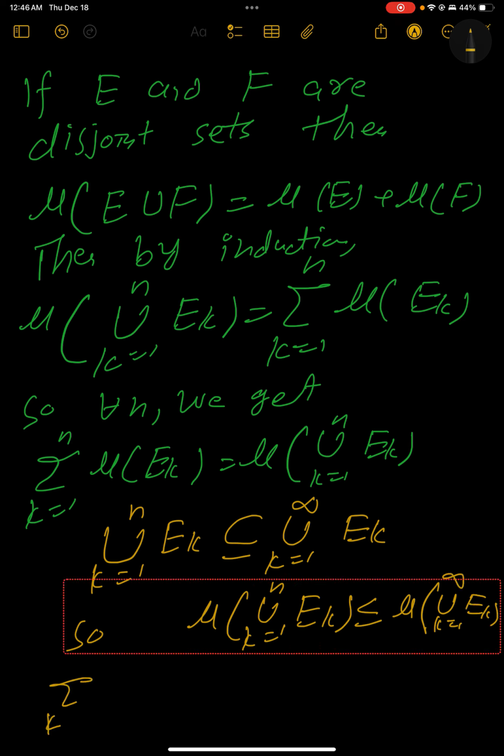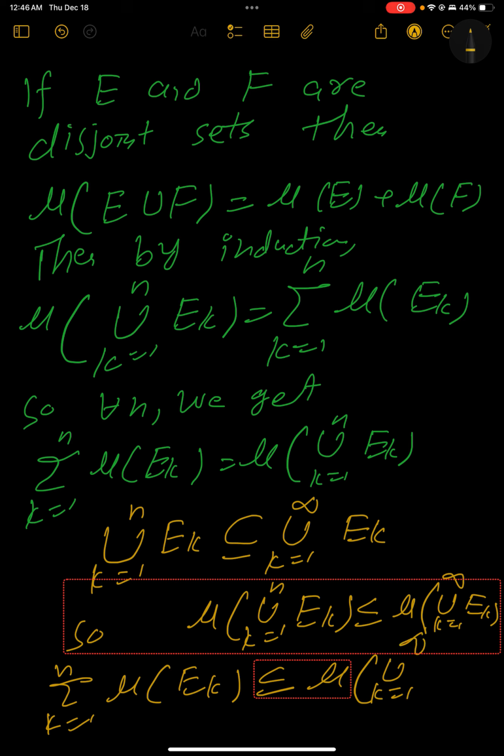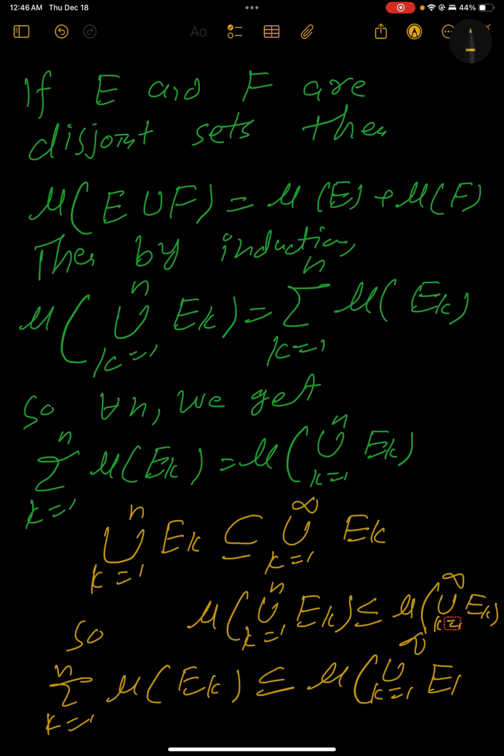Our equality becomes the sum of k equals 1 up to n of the measure of E_k is less than or equal to the measure of the union of E_k. This is an upper bound of the partial sum. So we can say that the sum of k equals 1 up to infinity of the measure of E_k is less than or equal to the measure of the union of E_k, k equals 1 up to infinity.